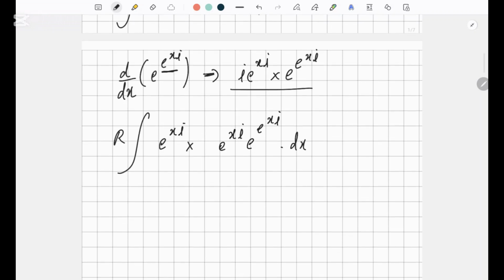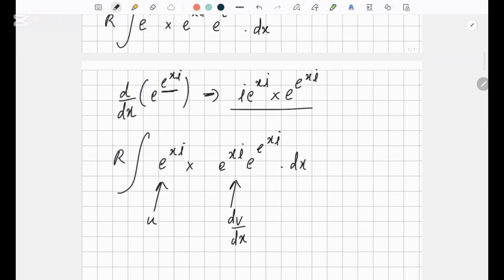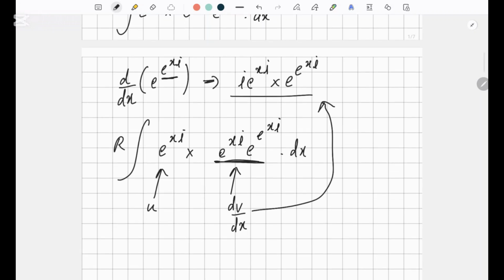Now let's do integration by parts. We'll take one term as u and the other term as dv over dx. Now this term, we'll take it as u, and this term, let's take it as dv over dx. You know why I'm taking this as dv over dx? Can you see that there's a similarity between these two? So we can easily integrate this, right?